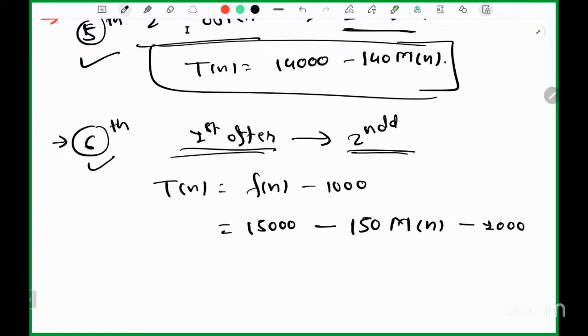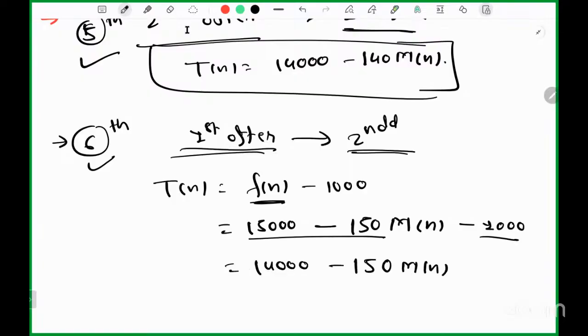So when you apply the first offer, you get f of n as the total payable amount, and from this f of n you subtract 1000. So now you get f of n minus 1000, that is 14,000 minus 150 mn. So this is the total payable amount if you apply the first offer first and the second offer afterwards.